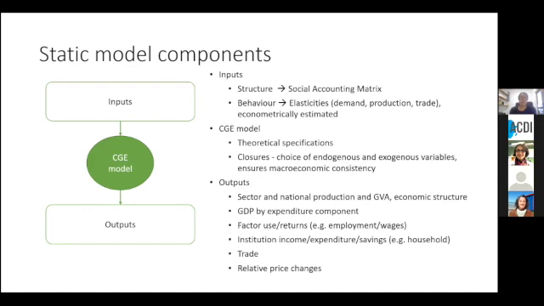The outputs of CG models are usually large. Again, it's dependent on the information that's in the SAM, but they can include information on sector production and GVA, GDP by expenditure component, factor use and returns, institution income, expenditure and savings, impacts on trade, and then also relative price changes in the economy.